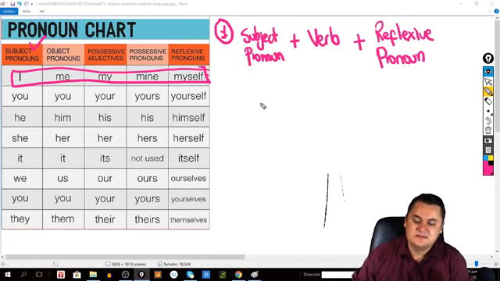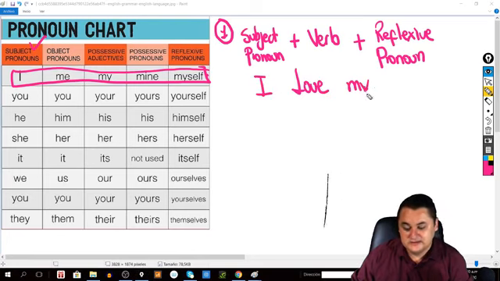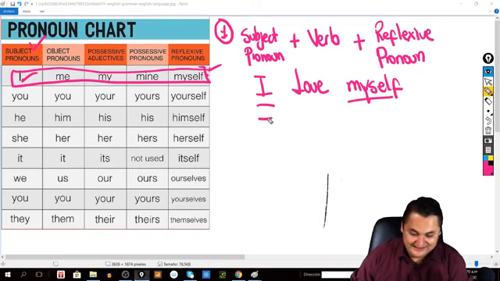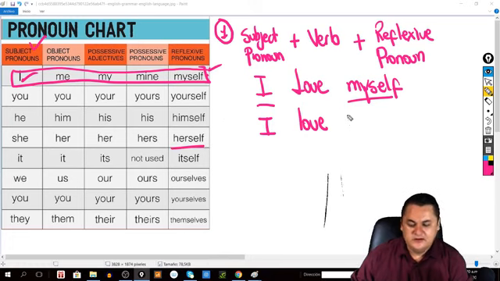For instance, I love myself. I and myself are equivalent. I cannot say I love herself.